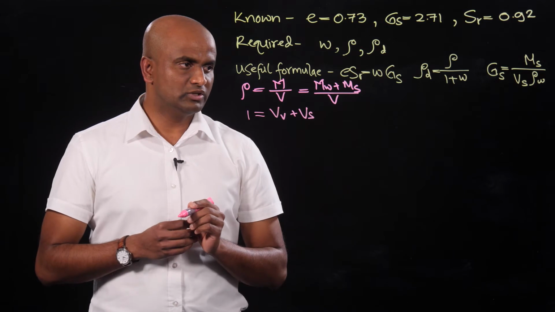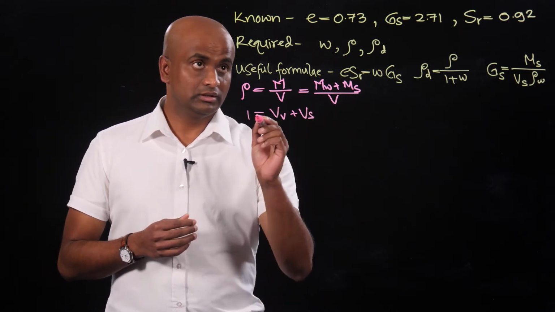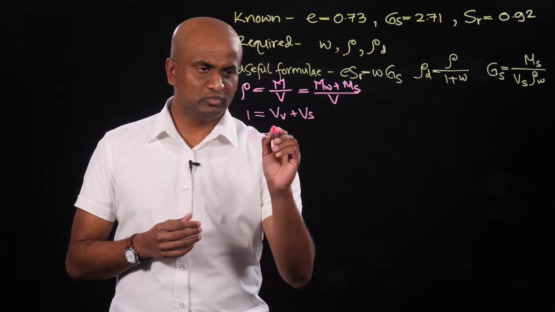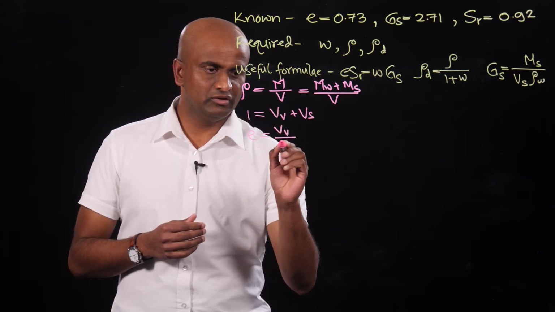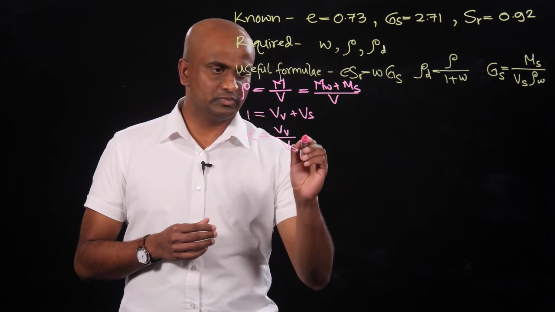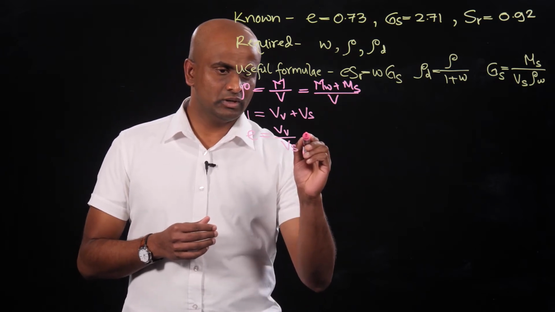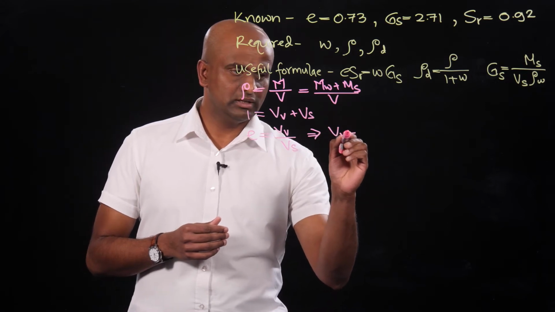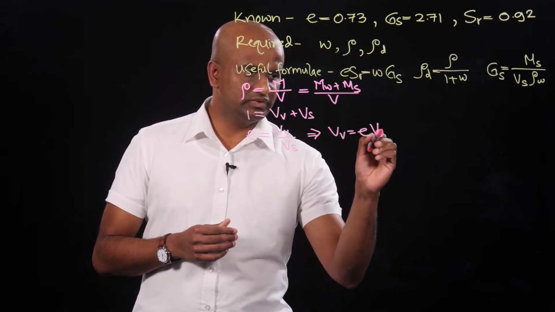Now since we know the void ratio as 0.73, and the definition of void ratio is volume of voids divided by volume of solid, if you rearrange this equation, you will get your volume of voids as e times V_s.